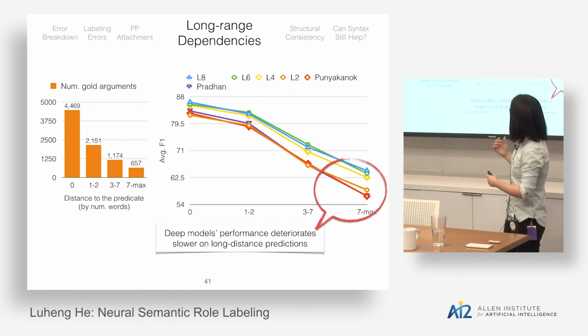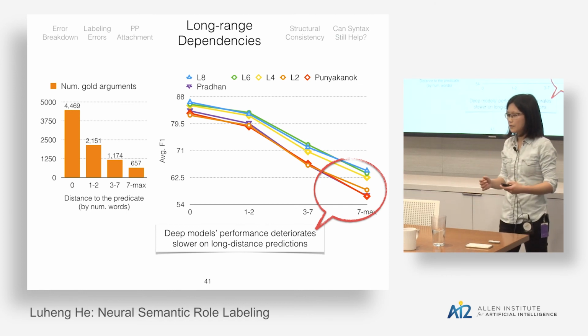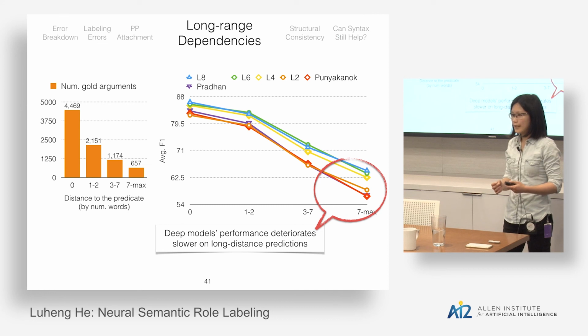It's a little bit hard to see all the curves here, but the top three curves correspond to the models with 8, 6, and 4 layers, and the bottom three curves correspond to the model with 2 layers and the 2 previous systems. And the gap between the two groups of curves gets larger and larger for longer distance dependencies.